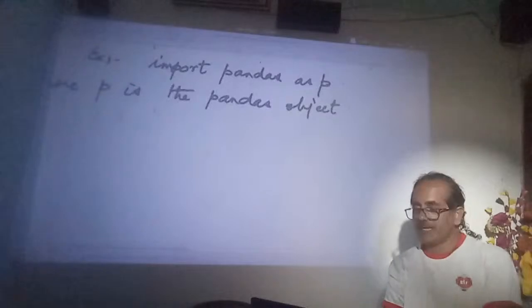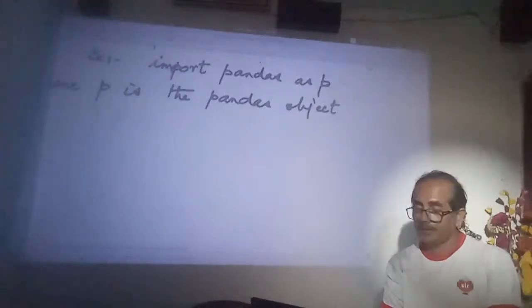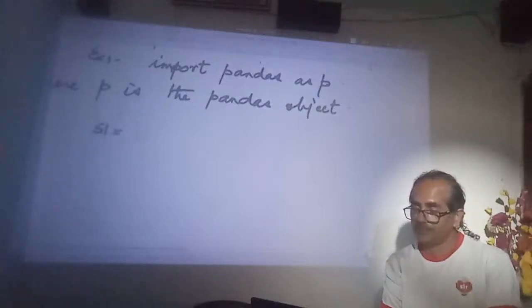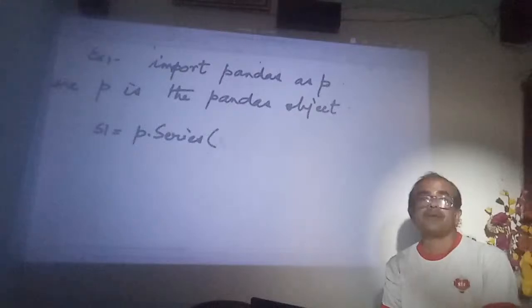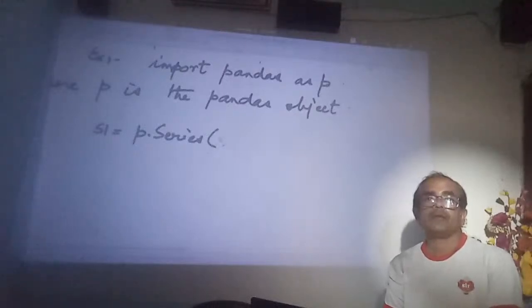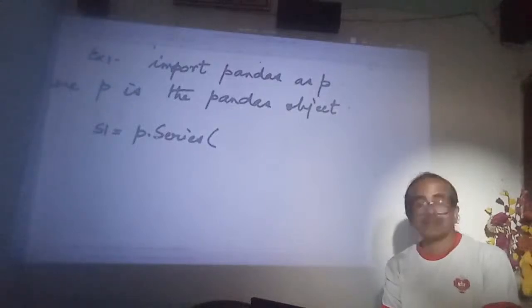Now once P is declared, the things can be created. Like, let us say S1 equal to P dot Series. I think you are remembering that this S is written in capital.